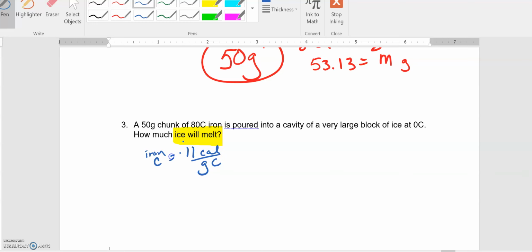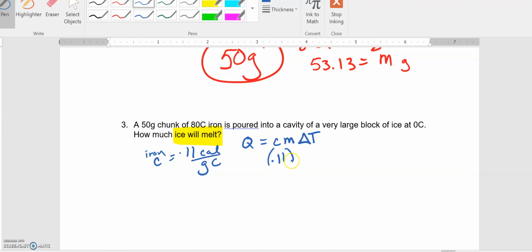That is the specific heat of iron from the problem above. So when I figure out the heat energy, I'm still using the original same formula, because the iron is not going through a phase change. Only the water is, or the ice.